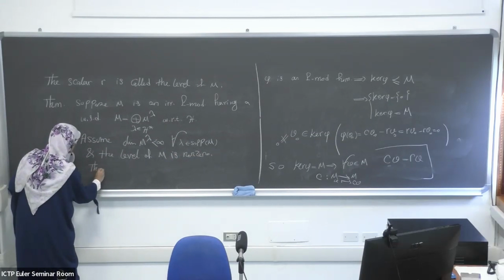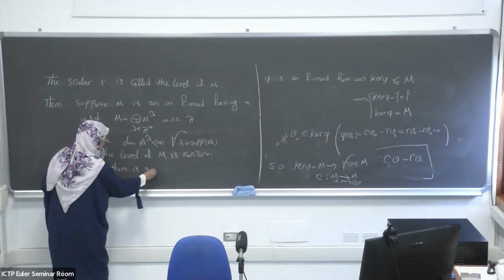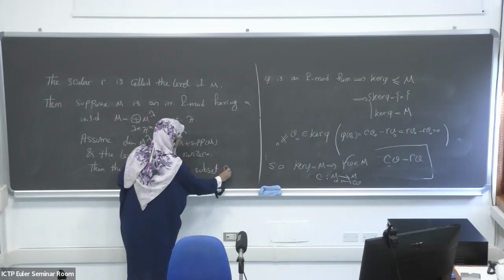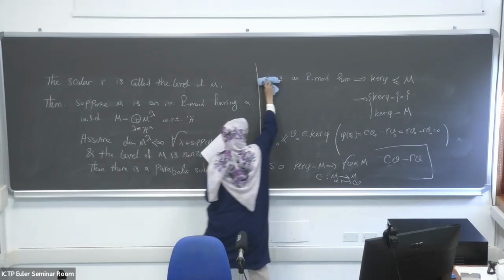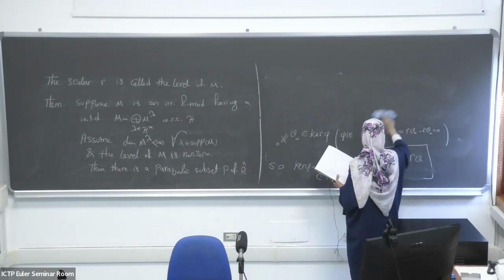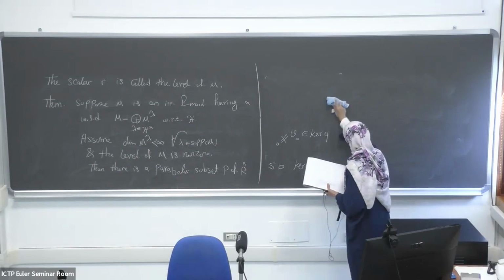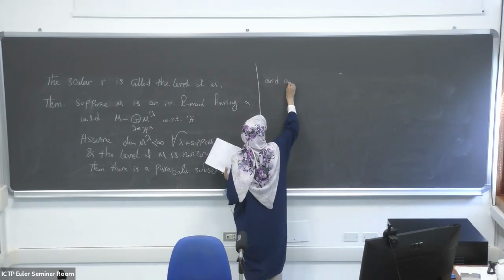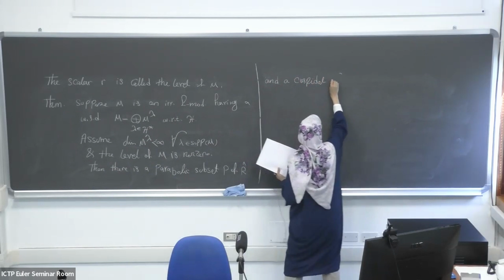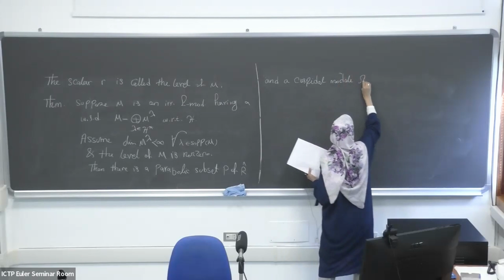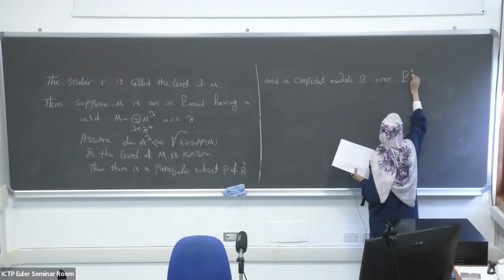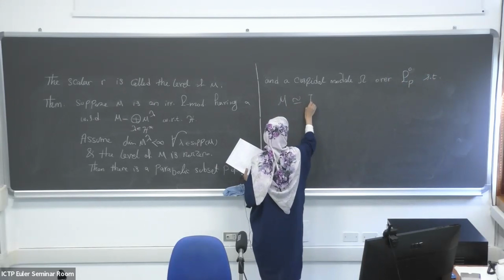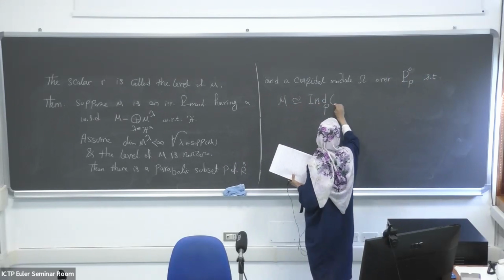Then there is a parabolic subset P of R hat and a cuspidal module omega over L non-P such that M is isomorphic to the induced module from P of omega.